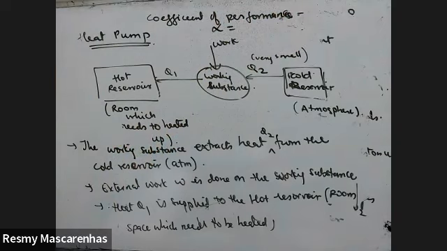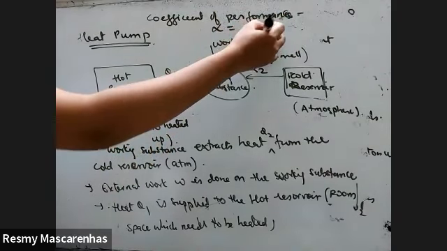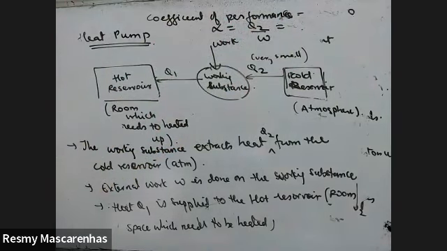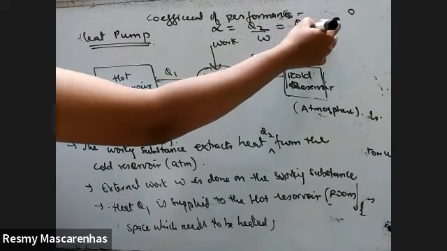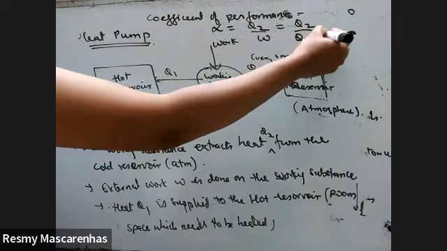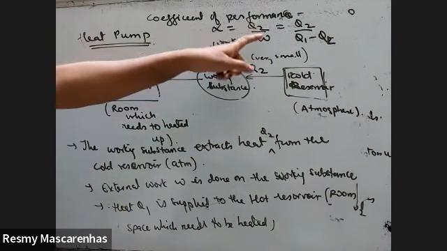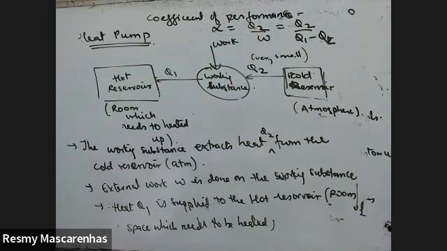It is nothing but Q2 upon W. So W is always Q1 minus Q2. Nothing but the heat supplied upon the work done.